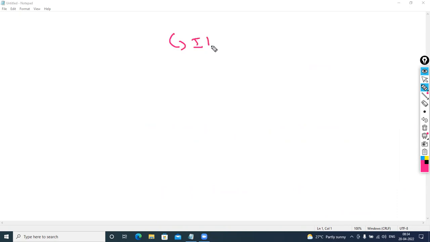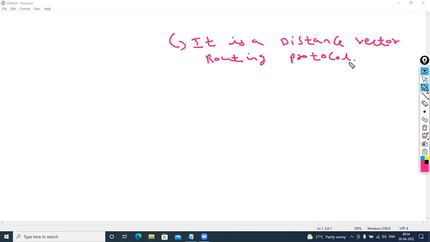Next point, it is a distance vector routing protocol. Any idea why we call it distance vector? It selects the lowest distance.